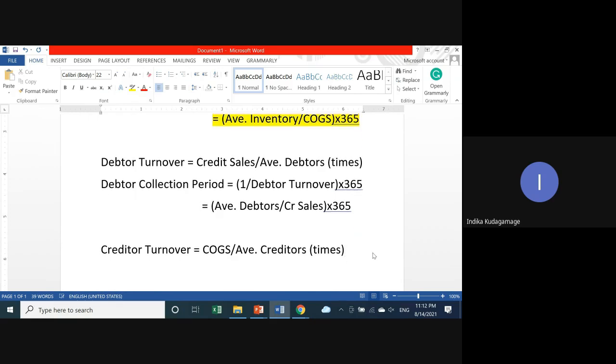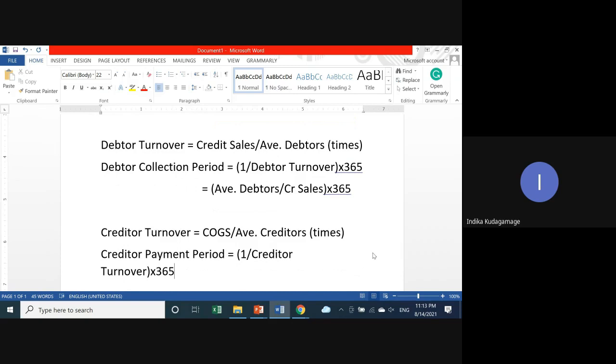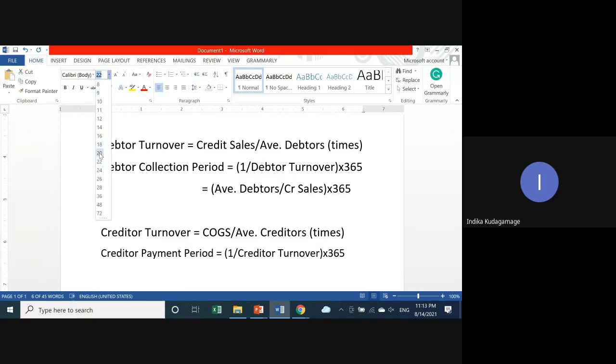This can be written as creditor payment period, which is equal to 1 divided by creditor turnover, into 365. Right? This comes in days.